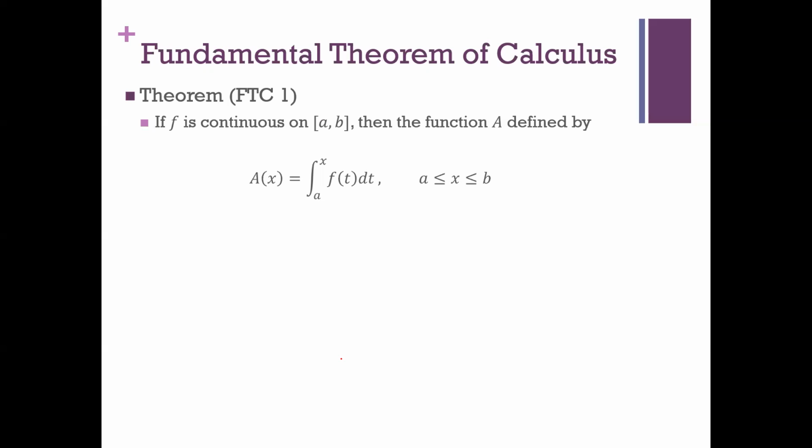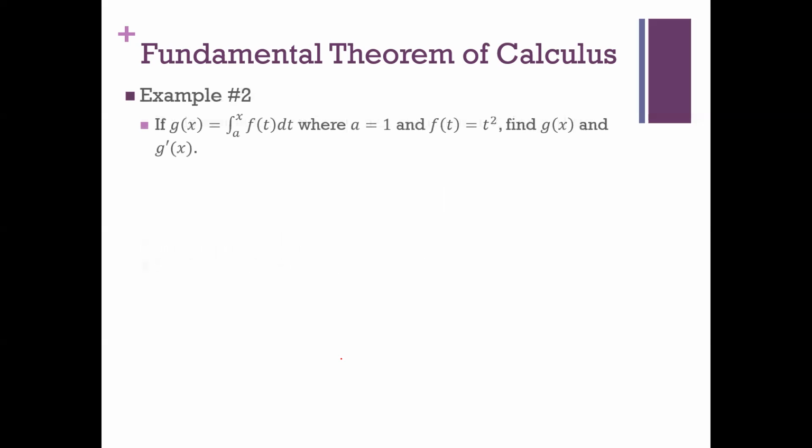So up until now, we've looked at functions in and of themselves, separate from integration. Now we're bringing those things together. So that function A is an antiderivative for f. Or if you say that in the inverse language, A prime of x is equal to f of x on this interval.